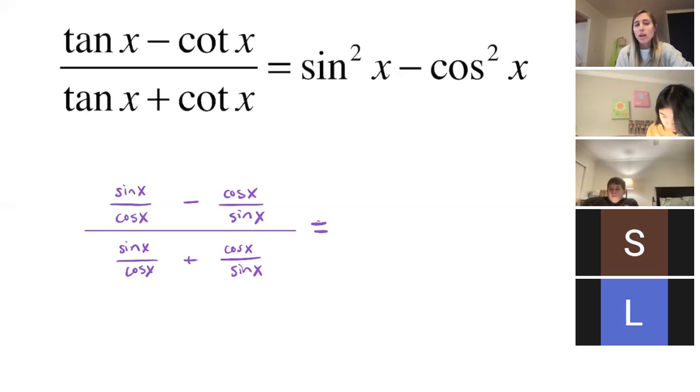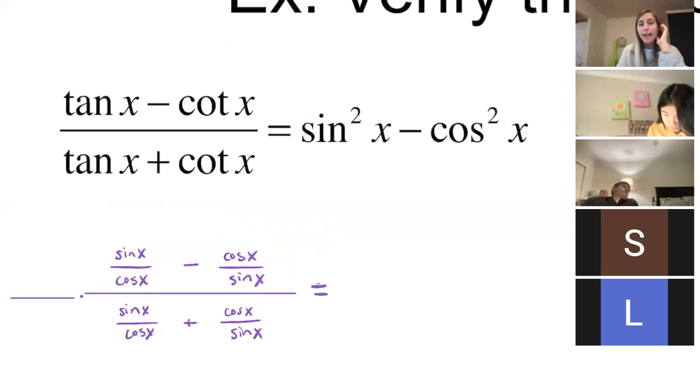So I want to get rid of those complex fractions, the fractions that are in the numerator and in the denominator. So I can think about a version of 1 that I want to multiply the left-hand side by in order to get those complex fractions to cancel.